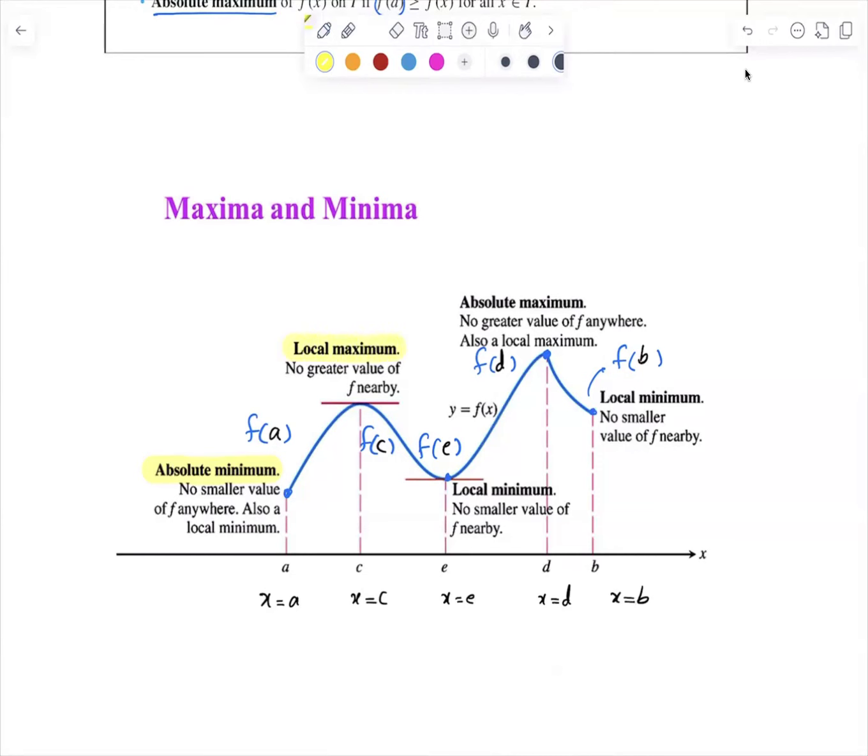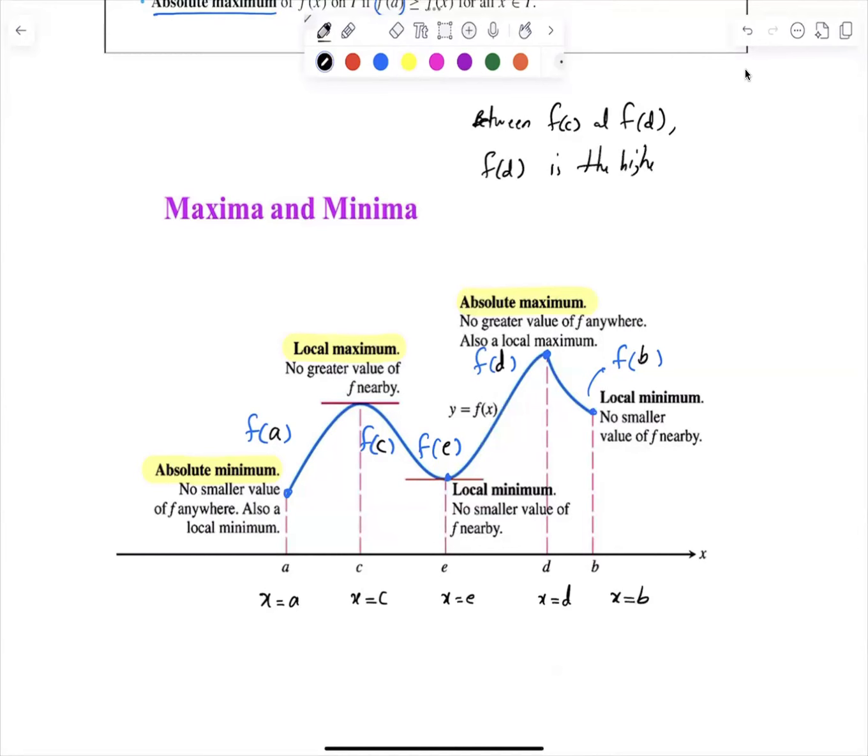This one is a local maximum. At the same time, f of d is a local maximum, but between f of c and f of d, one is the highest. That's why we say that it is the absolute maximum.